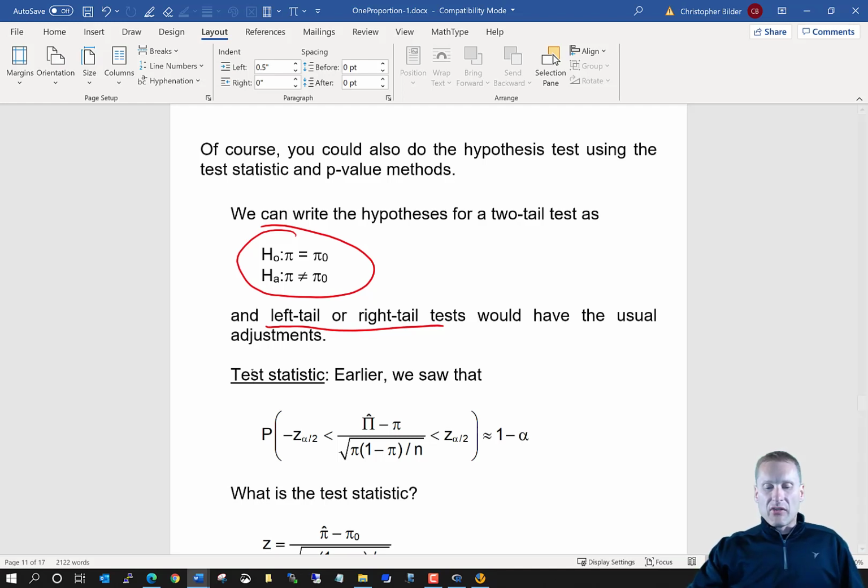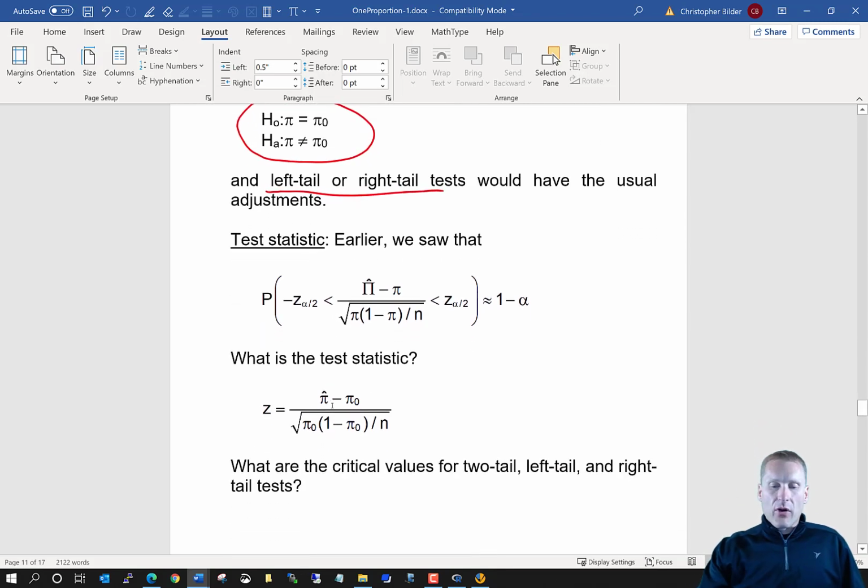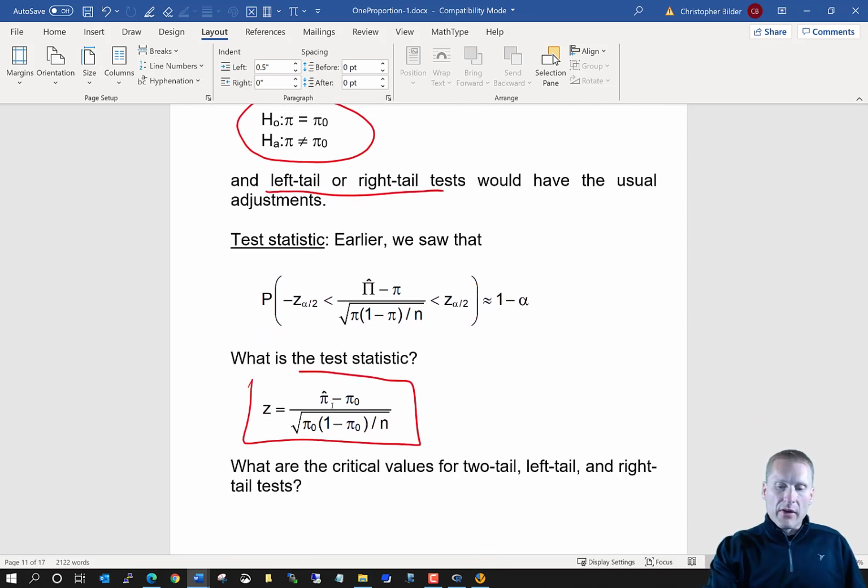For our test statistic, it's based upon what we saw earlier. We're going to use this value here as our observed value of our test statistic. You should think about what critical values would be if we have a two-tailed test. As you might imagine, we have these two quantiles from a standard normal distribution.